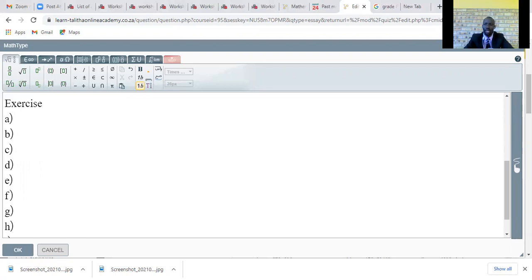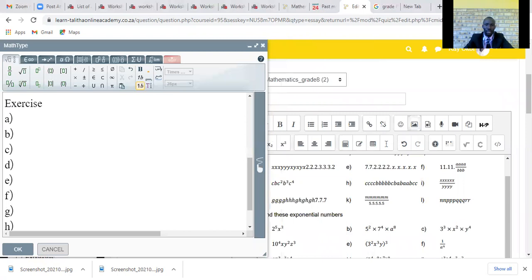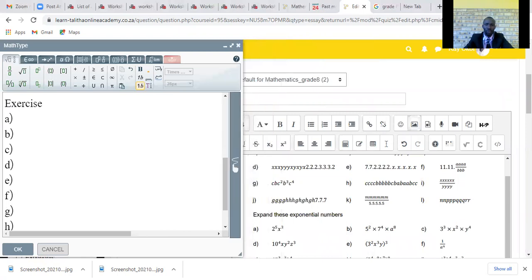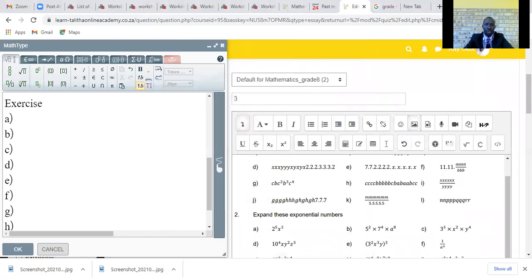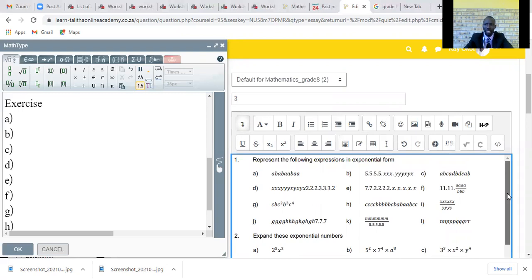One at a time. What's the first question here? The first question is question 1. Question 1 has got so many parts. There are 12 parts.